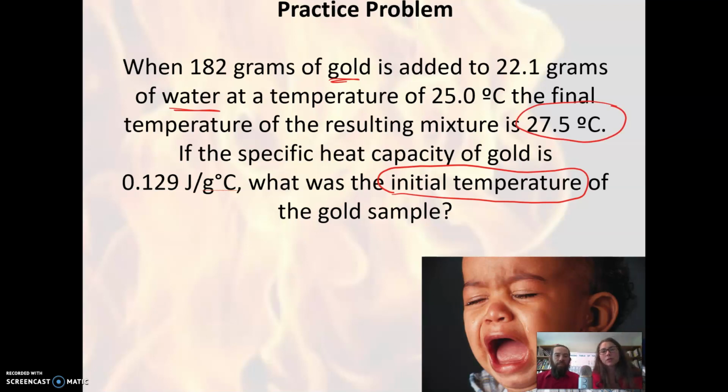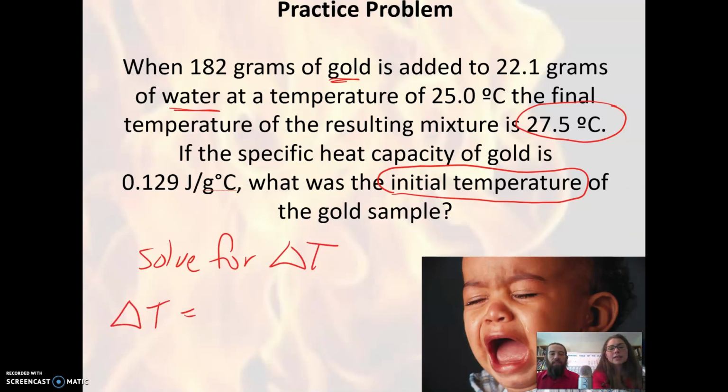Okay, your T final will always be the same for both, but you have to solve for the initial temperature of one. And we recommend solve for delta T, and then you'll have delta T equals T final, which is given, minus T initial, and then it's just an easy way to find your T initial. So give that a try and pause the video.